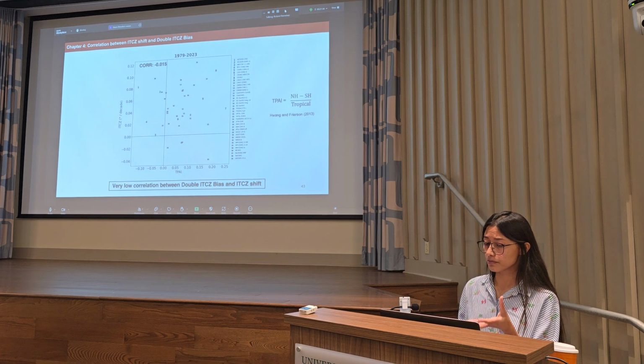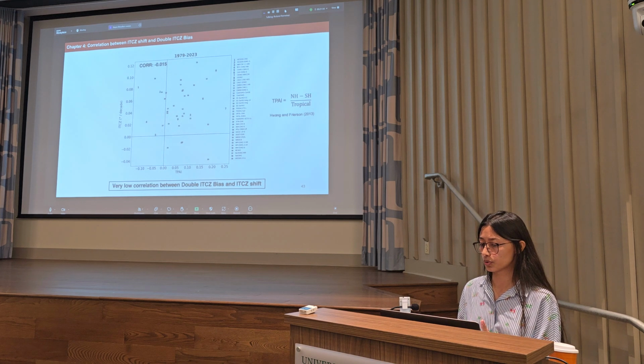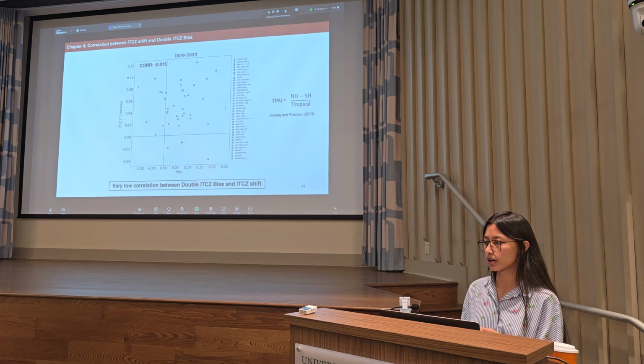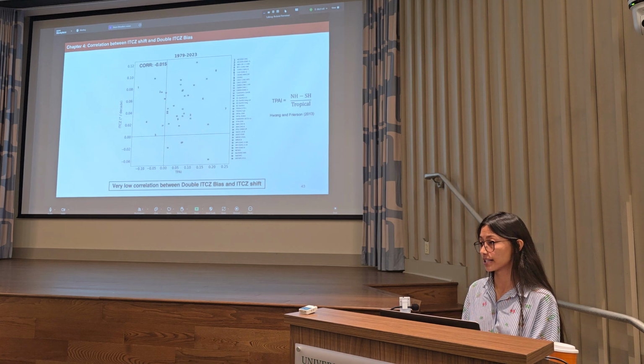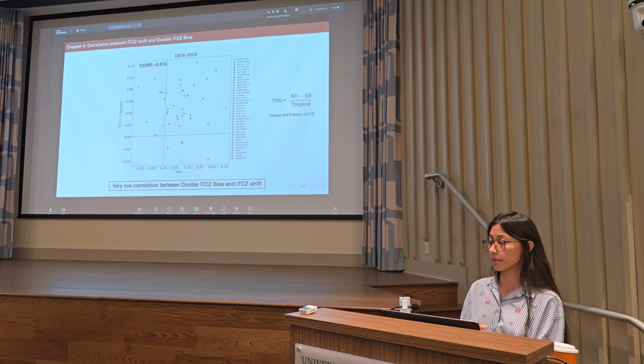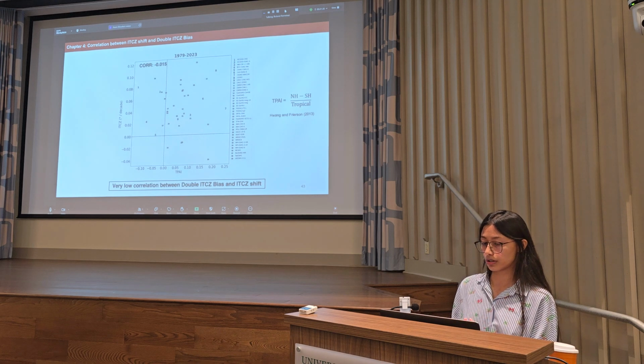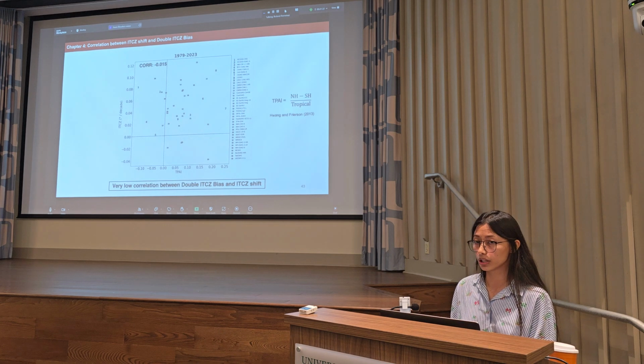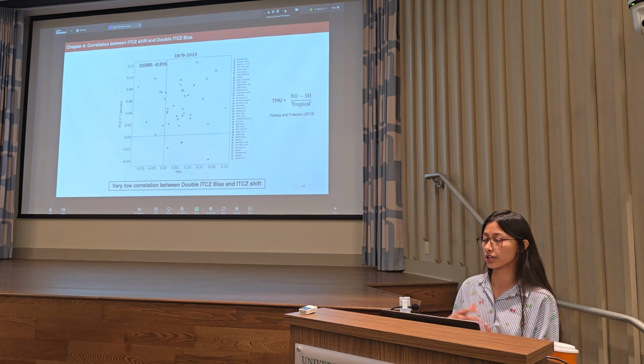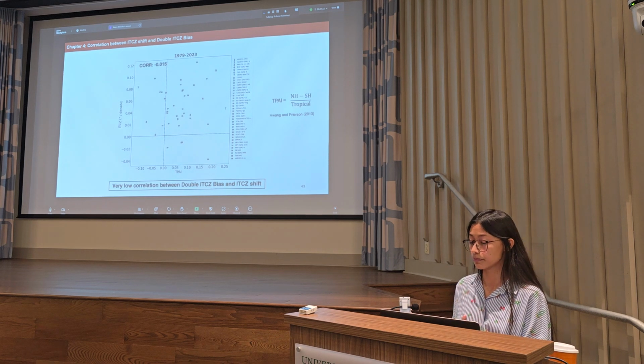But as we can see from this figure, the ITCZ northward shift does not have a very strong correlation with the individual models' double ITCZ bias. There are also other double ITCZ metrics, like the equatorial precipitation index, for which, again, we do not find a very strong correlation between ITCZ migration versus double ITCZ bias based on EPI.